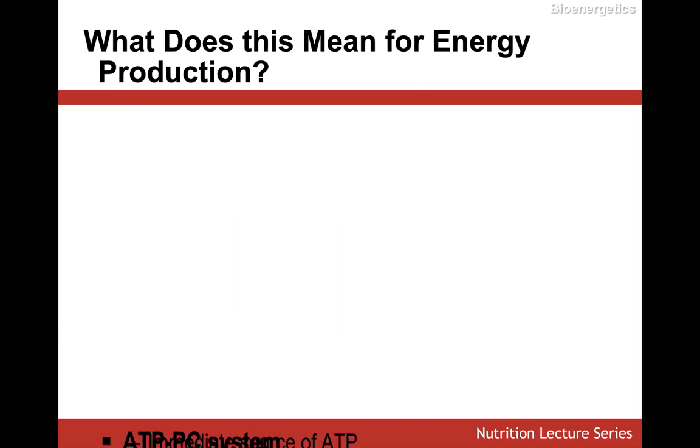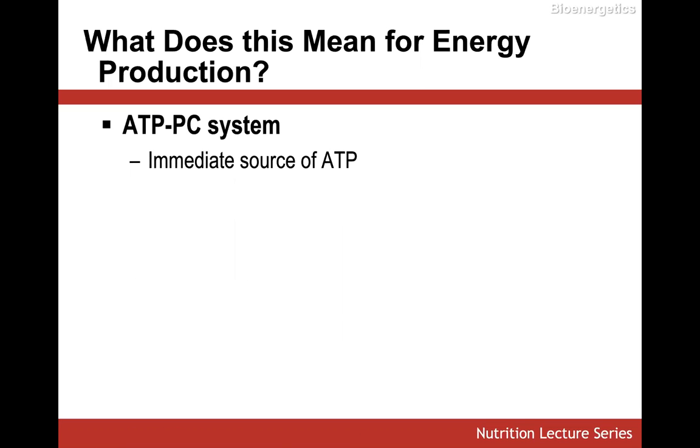So with these different fuel sources, what does this mean? Let's go back to our 3 energy systems. Right now, we're talking primarily about the anaerobic pathway. We talked about last time that the phosphagen system, also known as the ATP-PCr system, does not utilize carbohydrates as a fuel source.